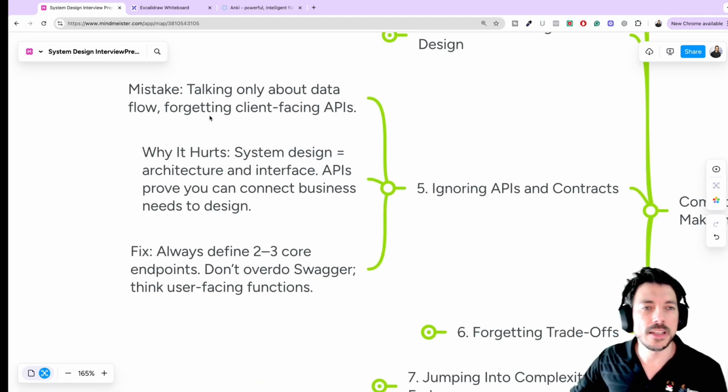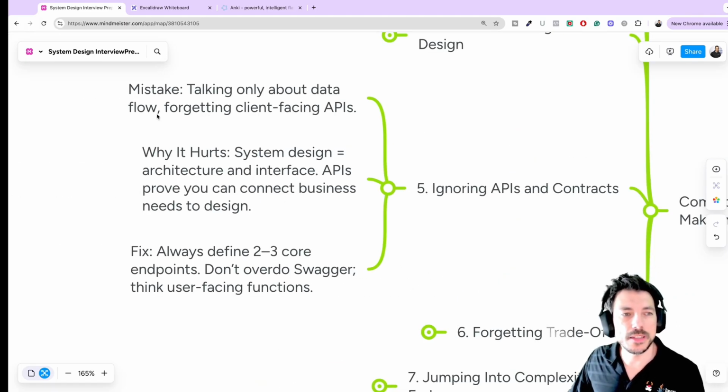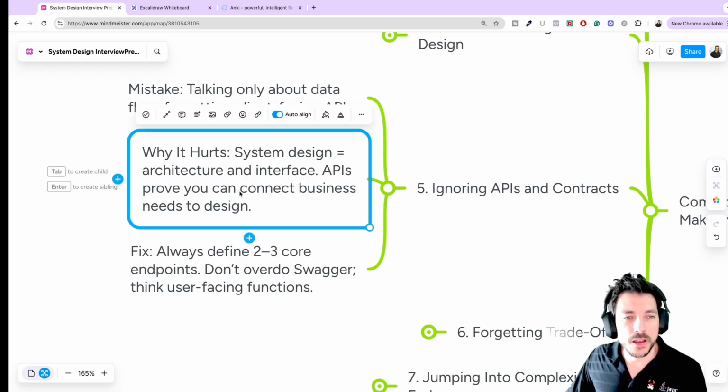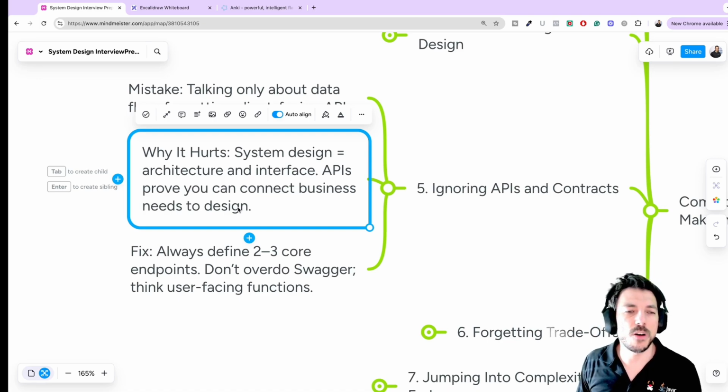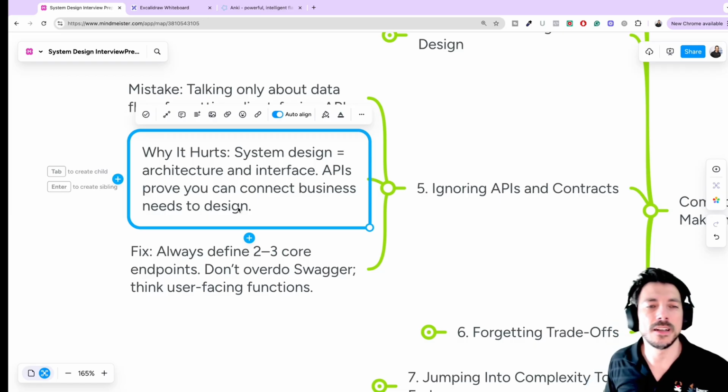So the mistake is to talk only about data flow, forgetting client-facing APIs. Why this hurts is because system design is architecture and interface. The APIs prove that you can connect business needs to design. Does that mean that you can't create an API? No, you can create the endpoints, but you don't need to overdo it. You don't need to explain all parameters you're going to receive.